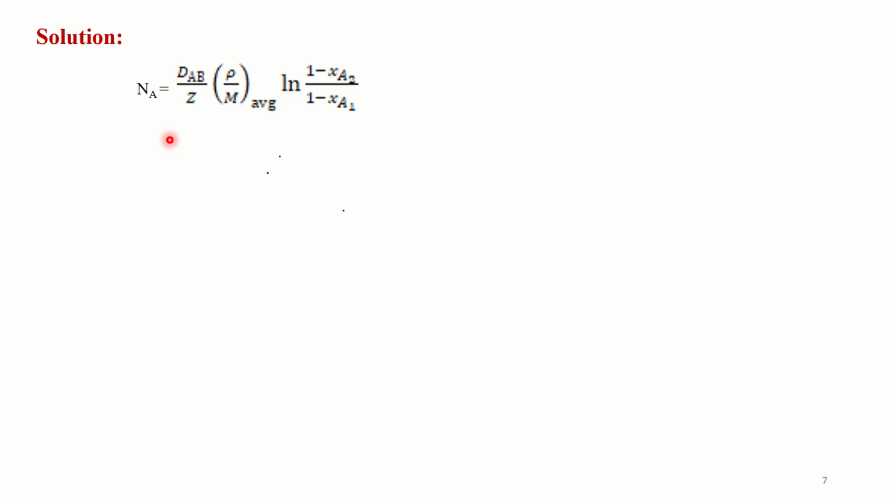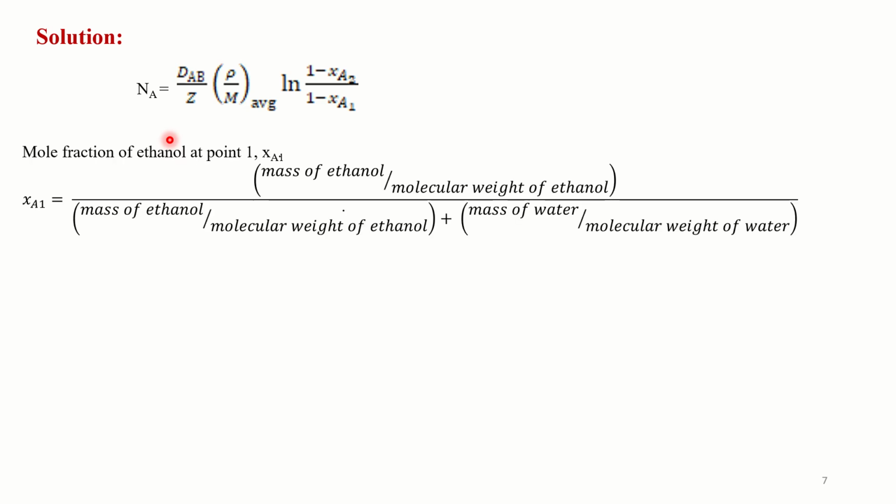First I'll explain how to find out XA1, XA2, I mean mole fraction of A component at film 1 and film 2. So what is mole fraction? Number of moles of the individual component divided by total moles. Can we write moles as mass of the component divided by its molecular weight? Yes.